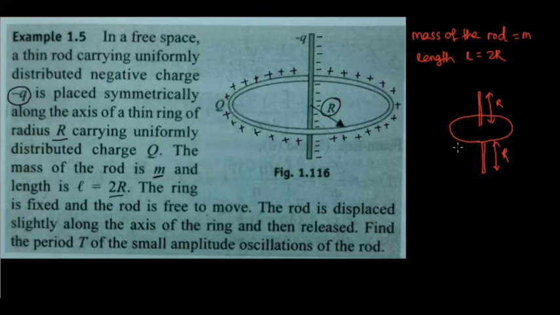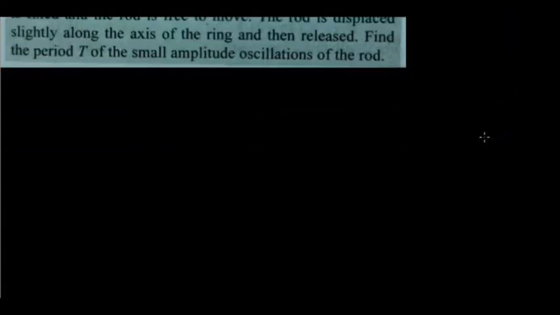There will be a net electrostatic force on the rod, and that electrostatic force will act as restoring force, and due to the restoring force the rod will oscillate, it will execute SHM, and we have to find the time period of that SHM.